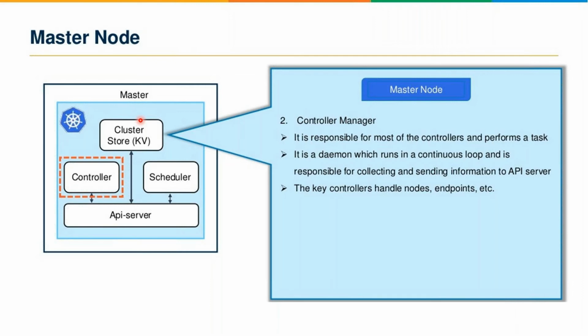So the controller manager maintains all the controls. If any pod is down, a node is down, or any cluster is down, all these things will be checked by the controller manager. The key controllers handle nodes, endpoints, etc.